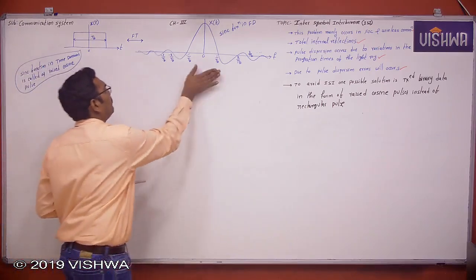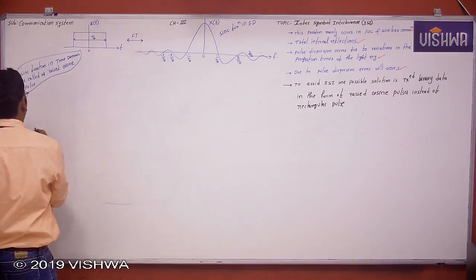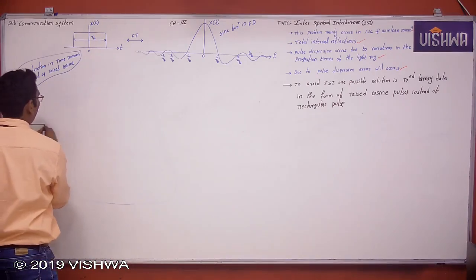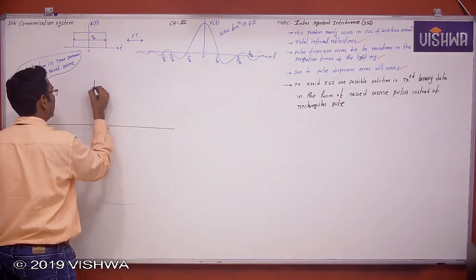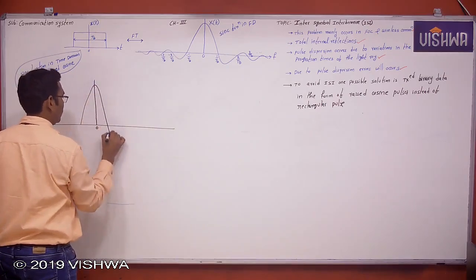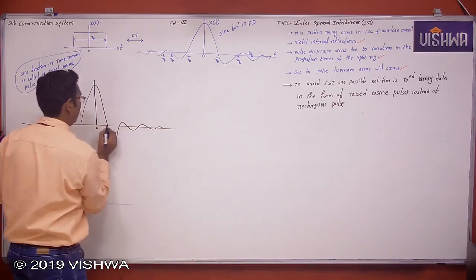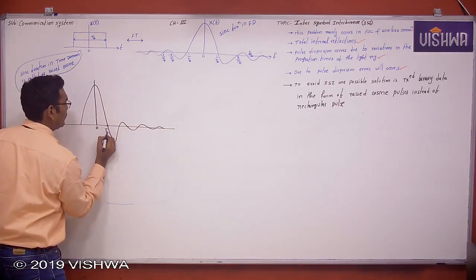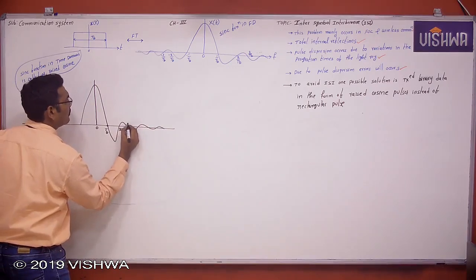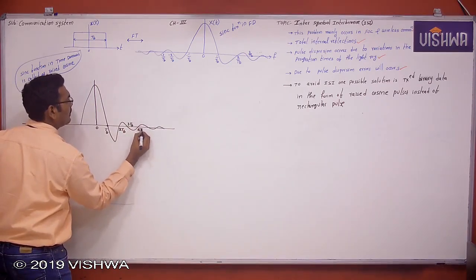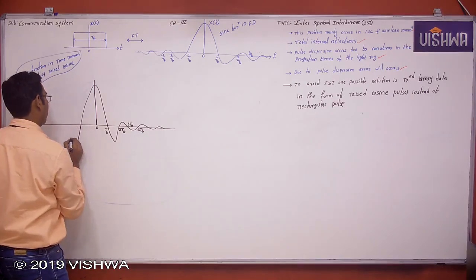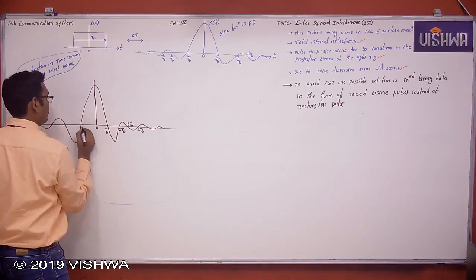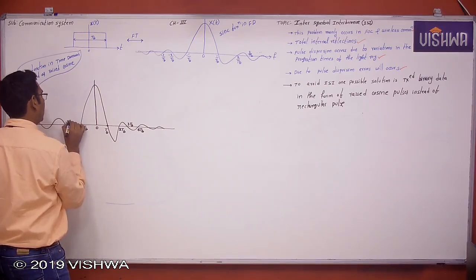Therefore, I want the same function in time domain. So, if you apply the duality property, now this is TB, 2TB, 3TB, 4TB and so on, minus TB, minus 2TB, minus 3TB and so on.